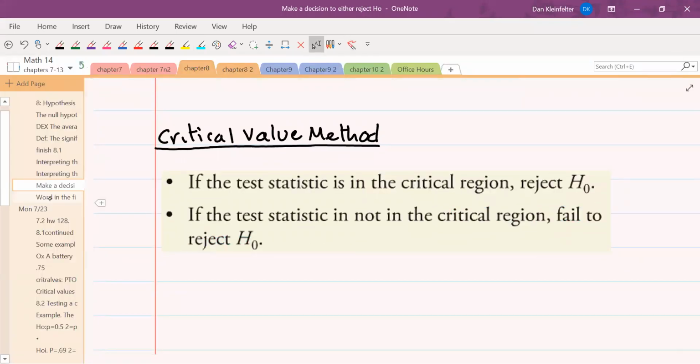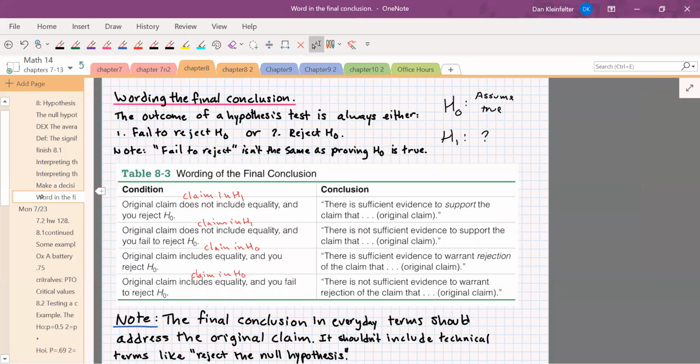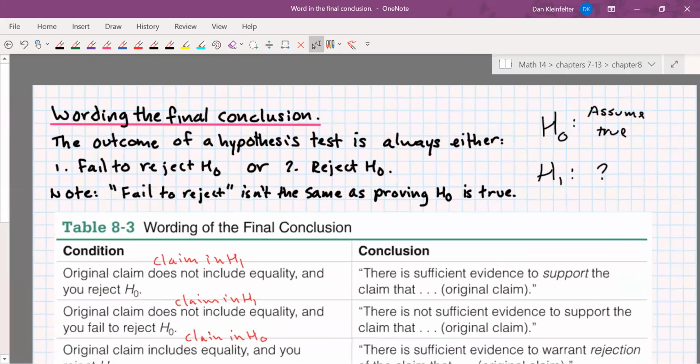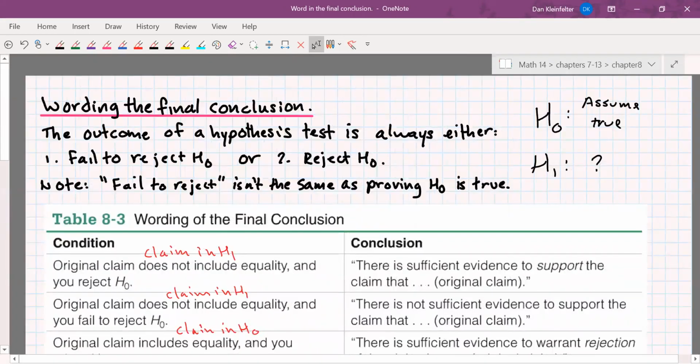Once you've decided whether or not you're going to reject the null hypothesis, then we have to come up with the wording for the conclusion. The outcome will always be, regardless of whether you're using the critical value or p-value method, either that you fail to reject the null hypothesis or that you reject the null hypothesis.